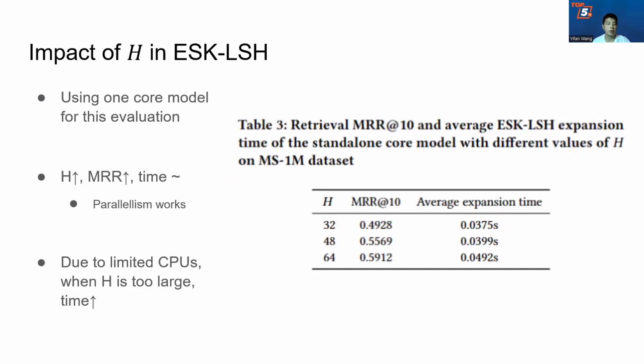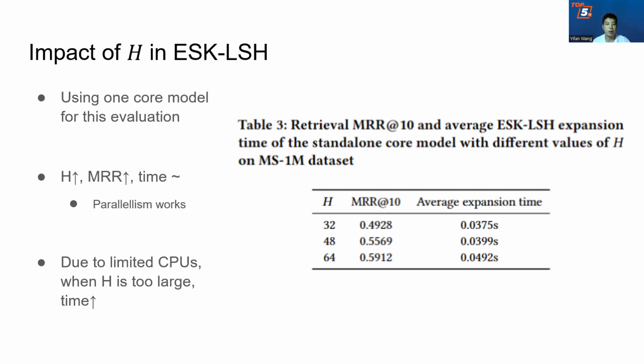And then we evaluate some specific factors, like the H in ESKSH. So H is the number of hash key arrays. We can see that when H is not too large, increasing H will increase MRR while the search time stands still, for example, H from 32 to 48.